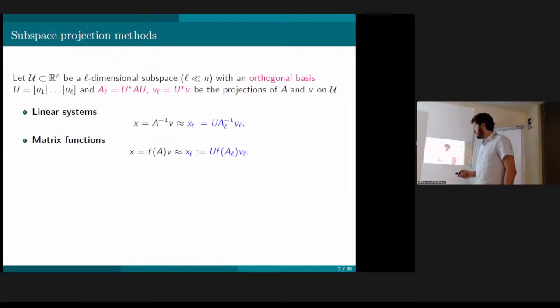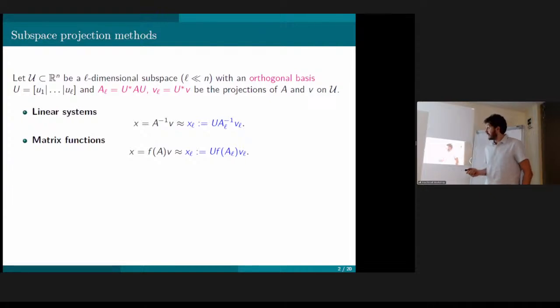Let me just repeat what has already been said. In this setting, one usually goes for projecting onto a subspace. You generate an orthogonal basis that spans a small-dimensional subspace. Then you project both the matrix and the vector, and you solve your task. That can be either a linear system or, in this case, a matrix function.